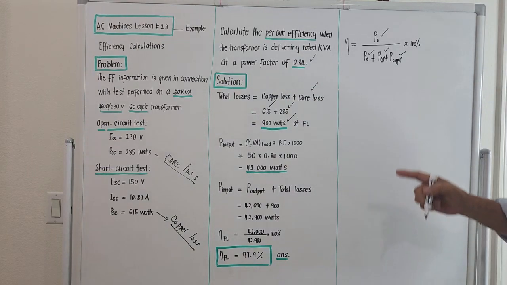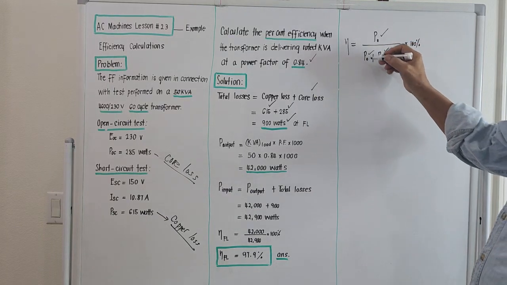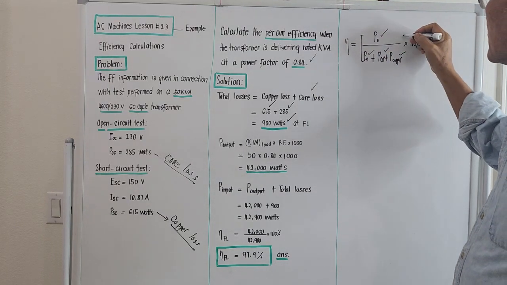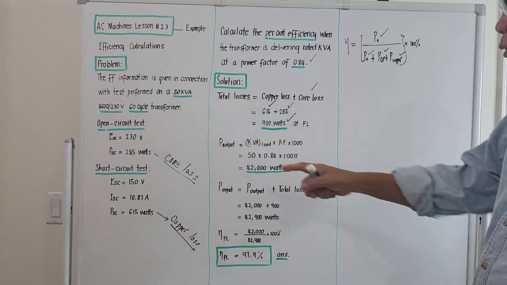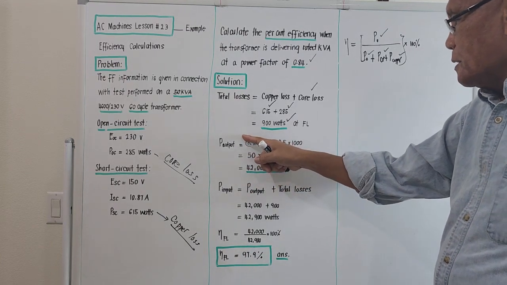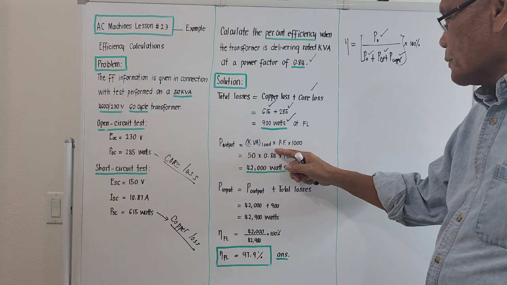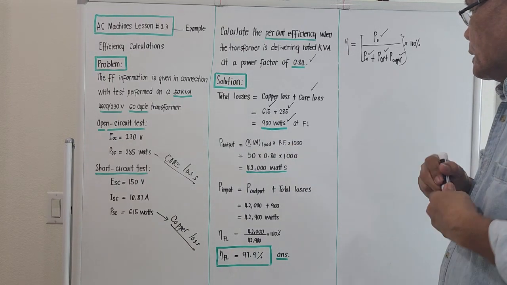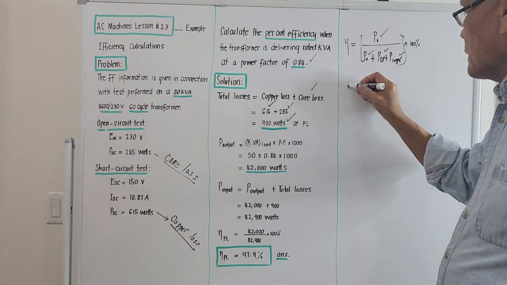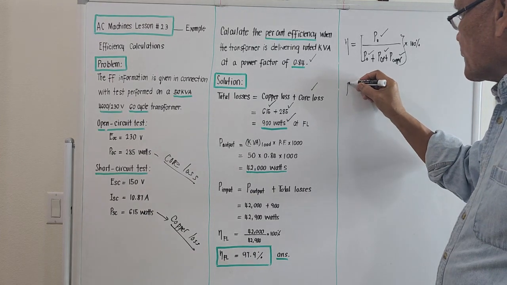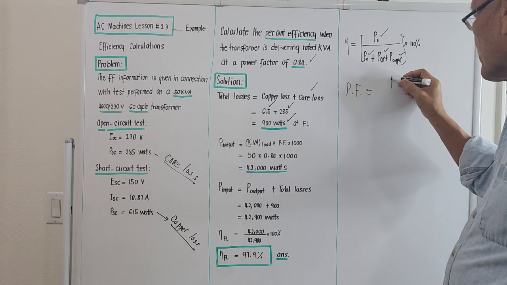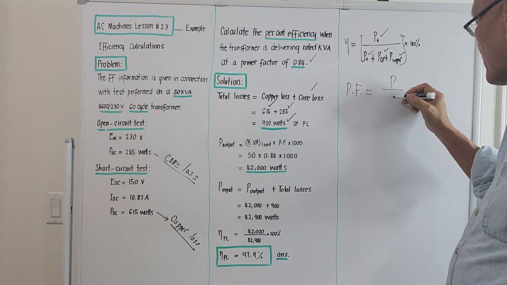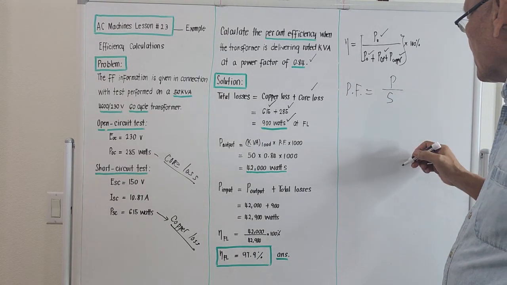How could we compute for the power output of the transformer? Power output is actually kVA subscript load times power factor times 1000. One of the formulas for power factor is actually true power over apparent power.